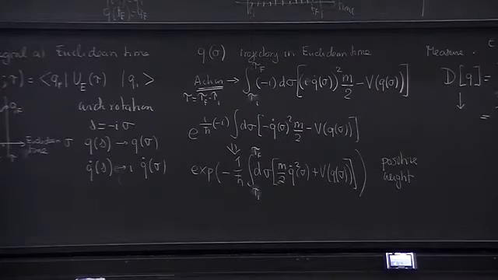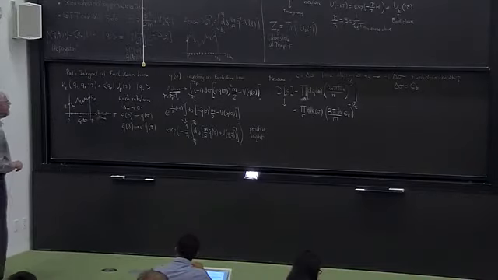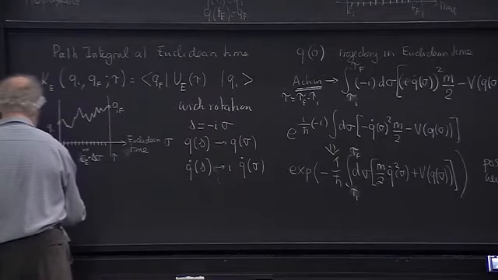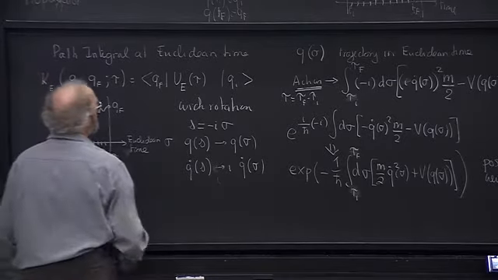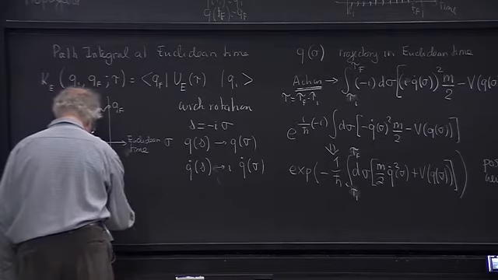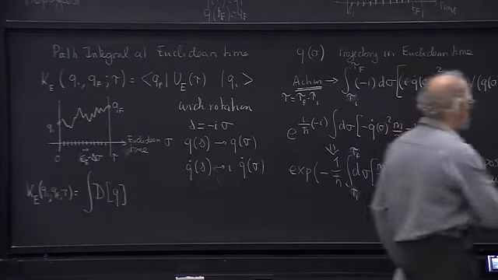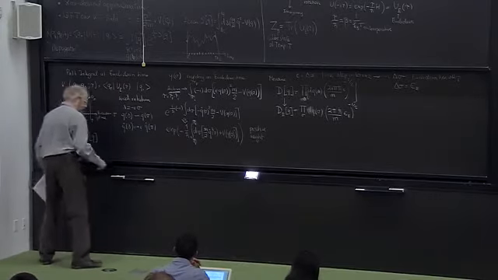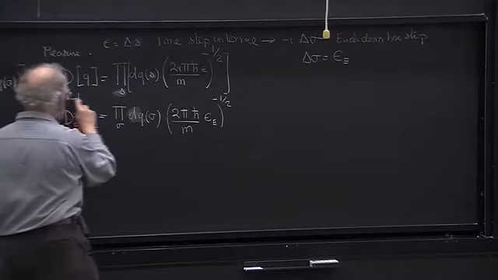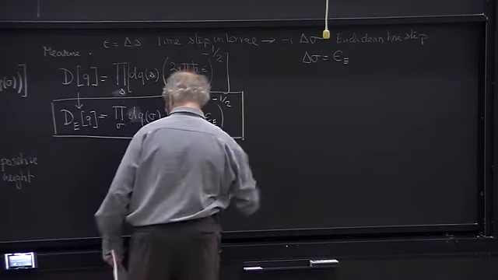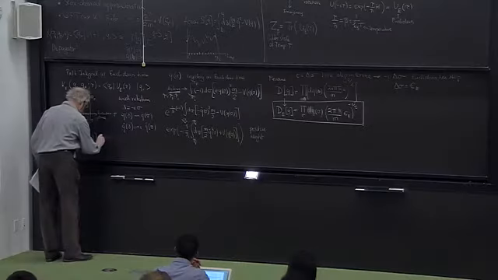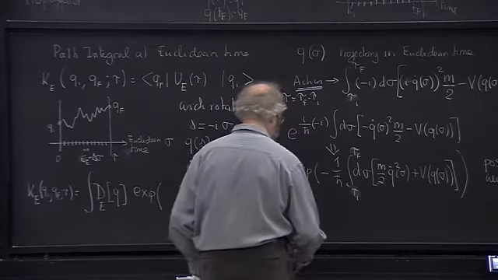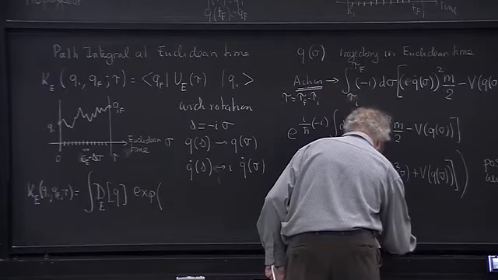So the final result that I just derived in a very sketchy way is that this object, K_E of Q_i, Q_f, tau, is expected to be, formally, the limit with this measure that I'm going to call the Euclidean measure of a Euclidean trajectory, d_E of Q, times the exponential, and this factor, since it is the analog of the action, let's call this the Euclidean action of a Euclidean trajectory.